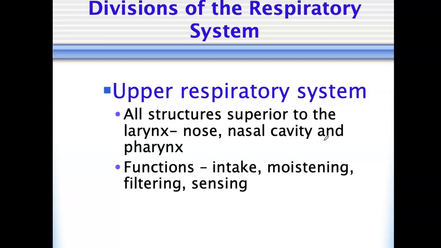Filtering that air. We've got lots of devices in our nose, even little hairs that are going to be filtering out particles that are coming in with that air. And then it's sensory too, right? You are able to smell that wonderful bagel that's baking or cake through those neurons that are in that region.